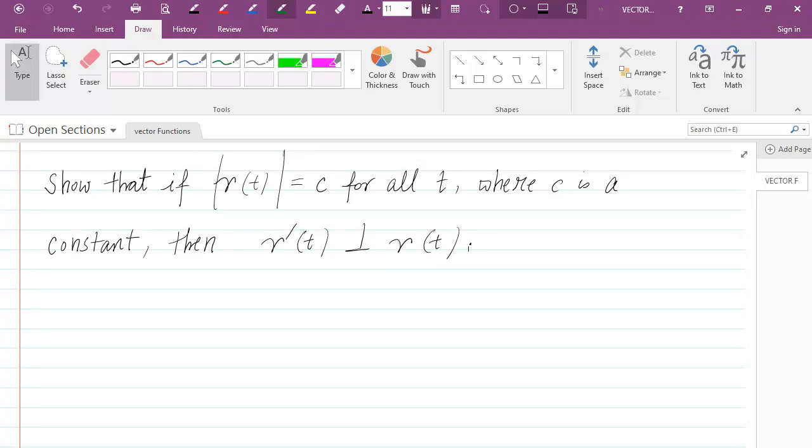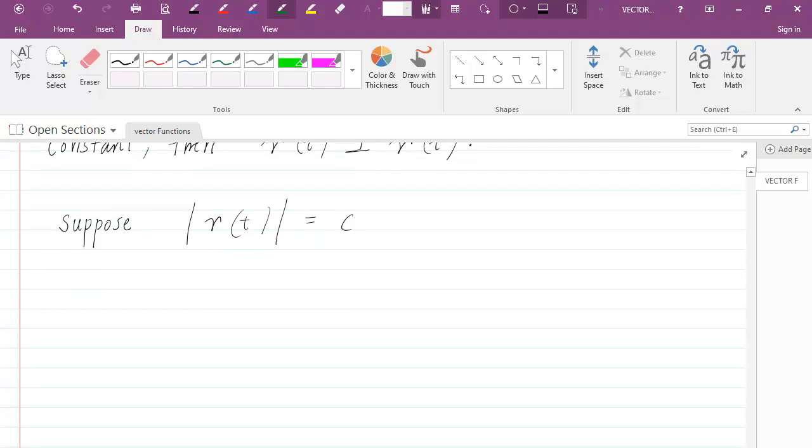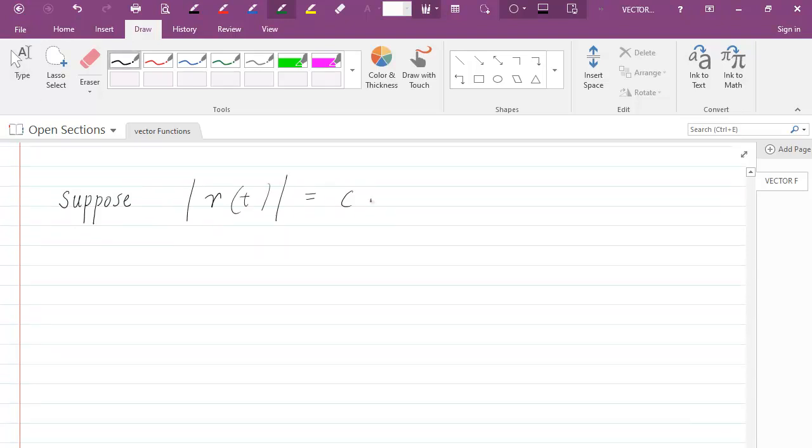Well, let's start with the condition that we have. Let's suppose that the length of r of t is c, where c is a constant. We know that if the length is c, then the square of the length is going to be c squared.